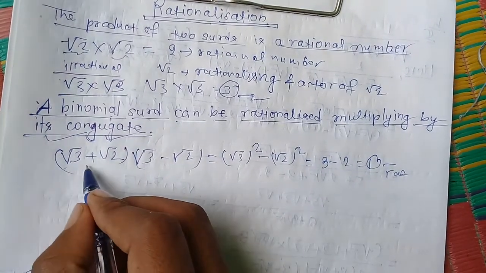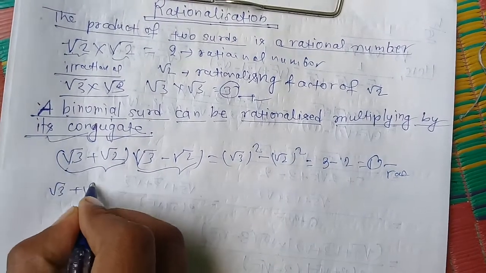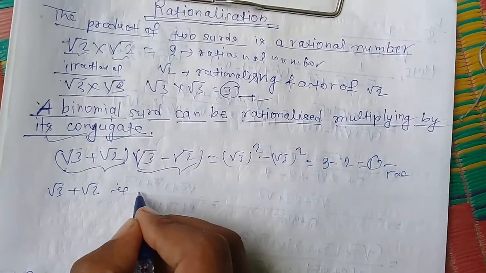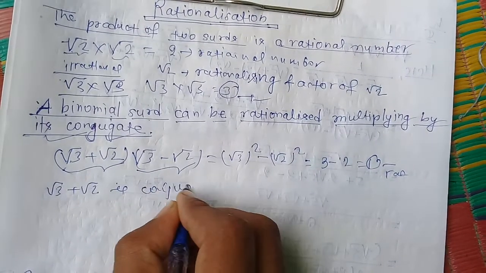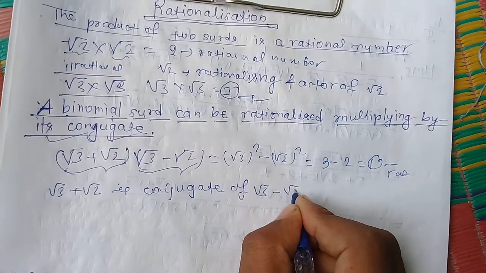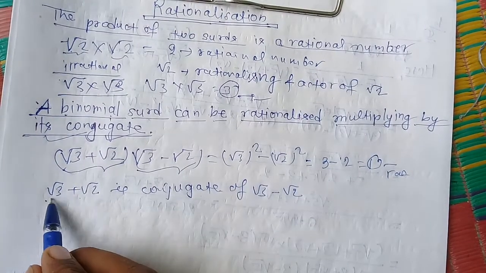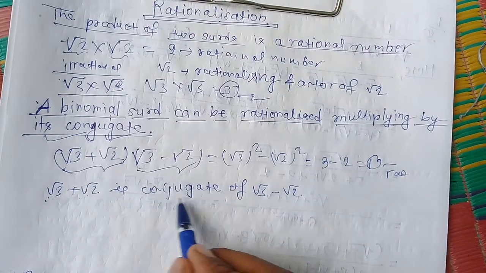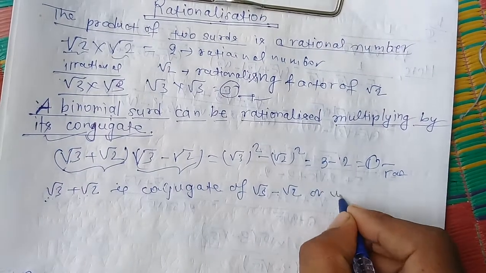So root 3 plus root 2 is a conjugate of root 3 minus root 2, or vice versa.